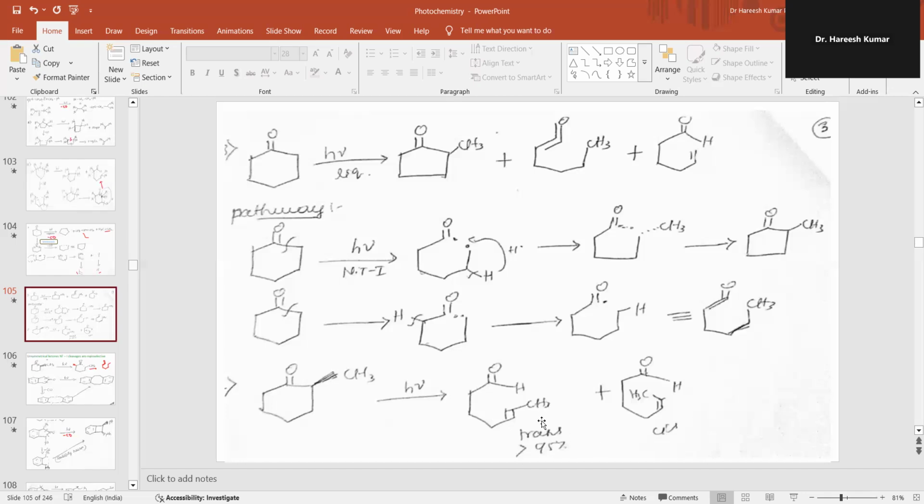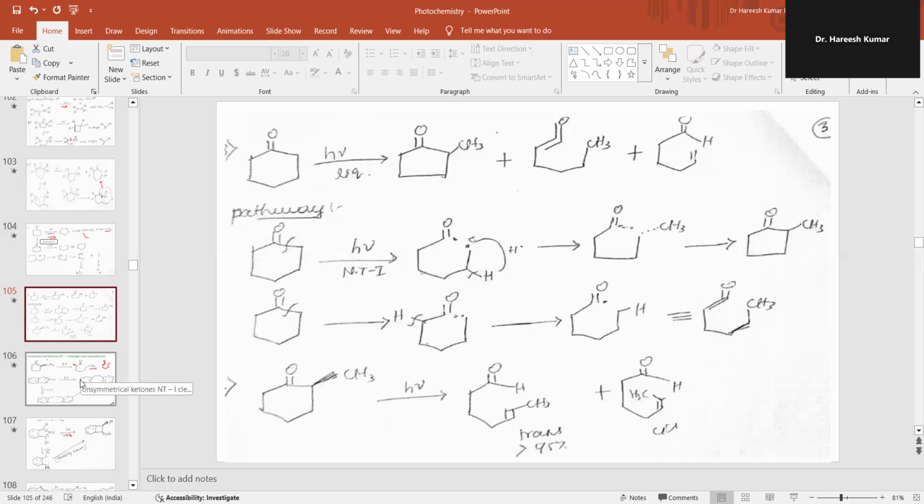Out of the two products, one is formed in 95% yield. That means the predominant product is formed. The cis product will be the lower yield one. So let's go to another slide.